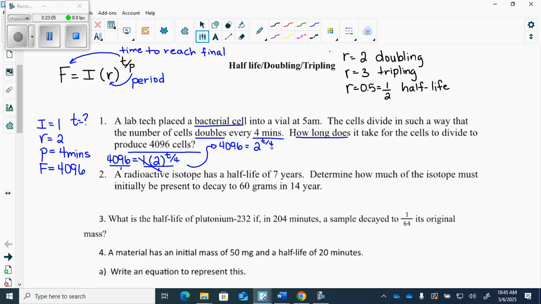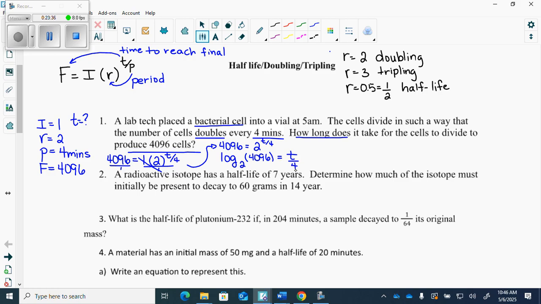Now this one I could actually make common base and solve it that way. Make them both be base 2, which we talked about before. Or I can do what? Convert to a log. The moment I don't know the exponent, the variable is in the exponent, I have to convert. So I'm going to get log base what? Log base 2 of 4,096 equals T divided by 4.